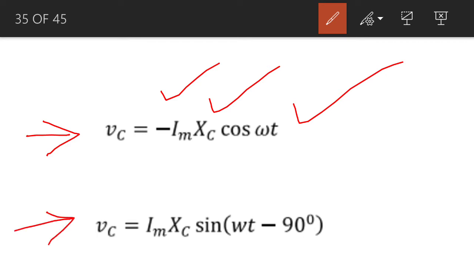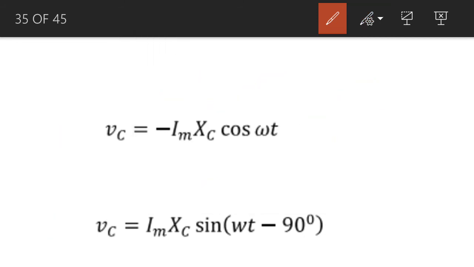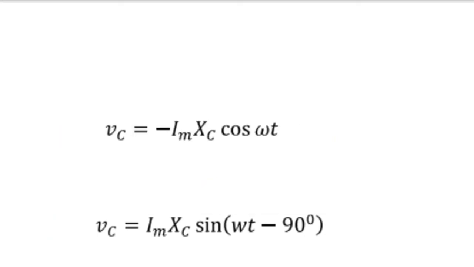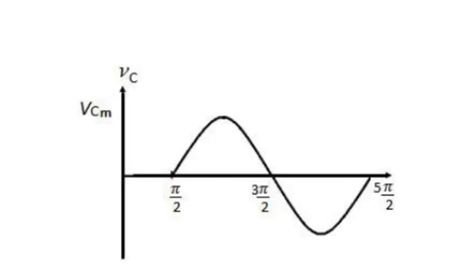So the voltage across the capacitor is equal to the maximum value of the current into Xc into sine of omega t minus 90. So this equation shows that the voltage across the capacitor lags behind the current by 90 degree. In other words, the current in a capacitor leads the voltage by 90 degree.